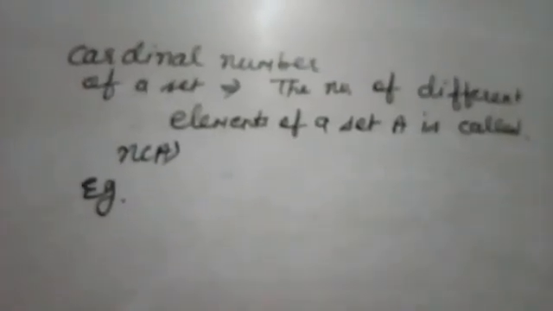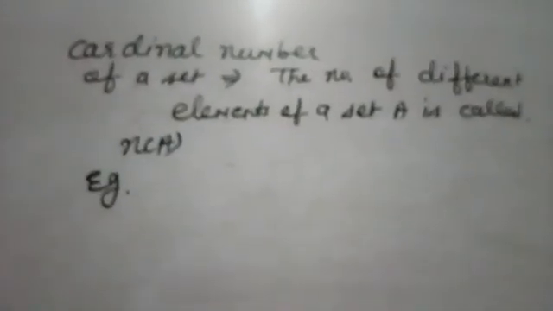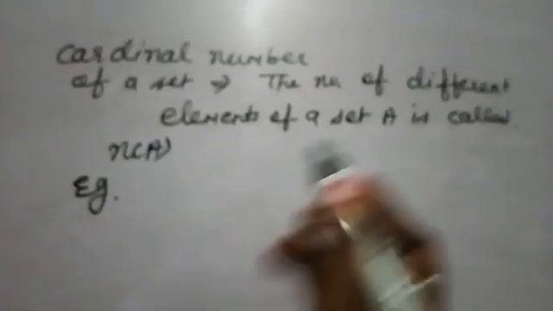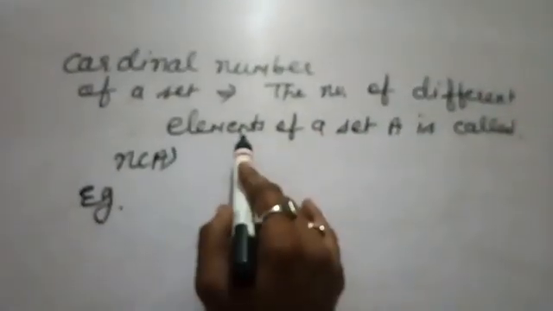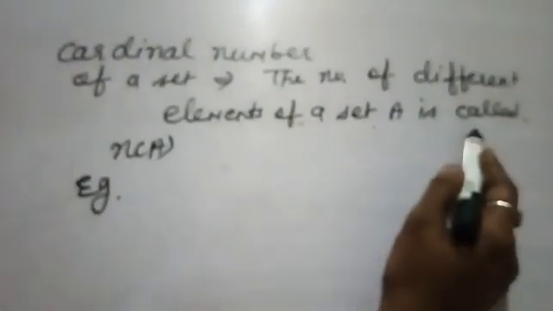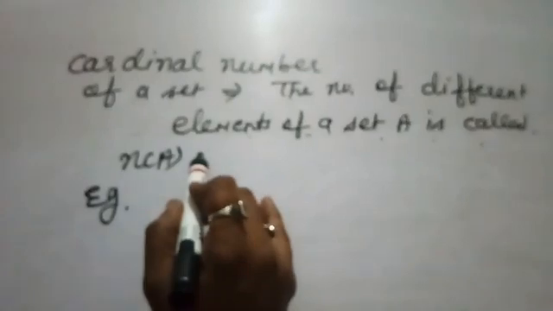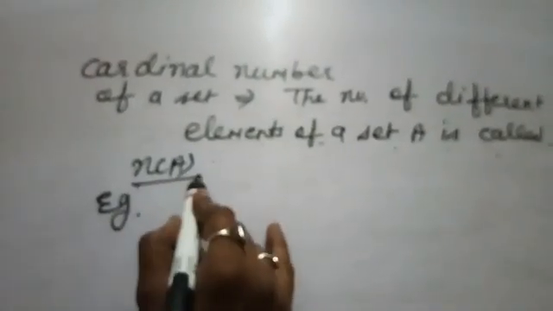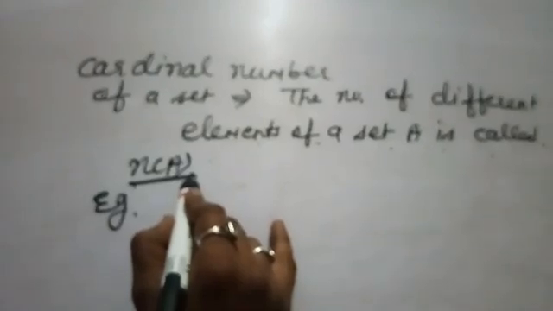So let me introduce you to what the cardinal number of a set is. The number of different elements of a set A is called the cardinal number of a set, and it is denoted by n of A. How can we read it?